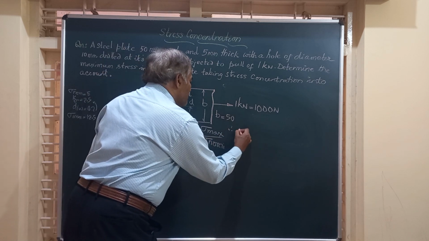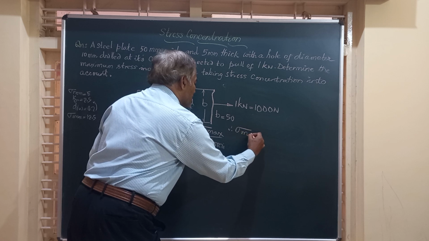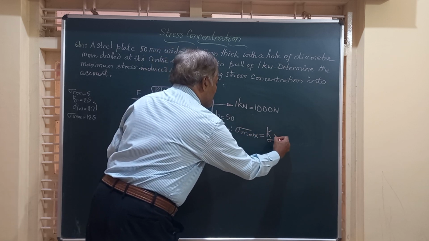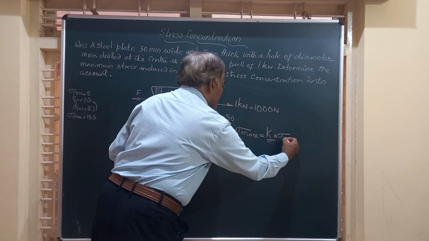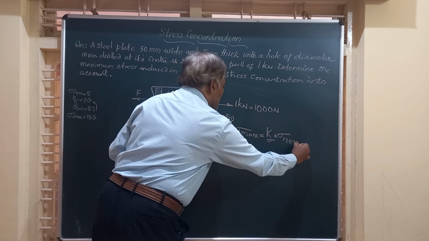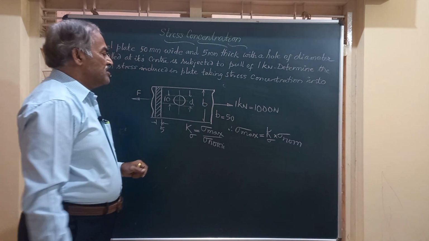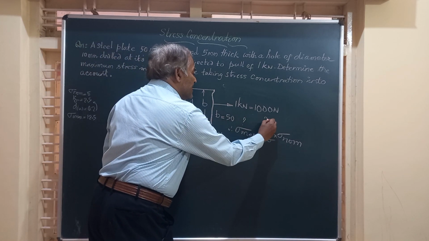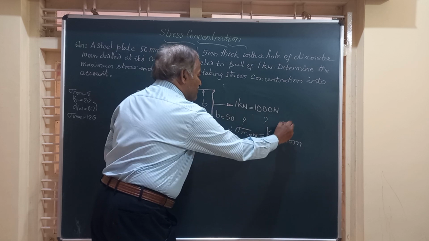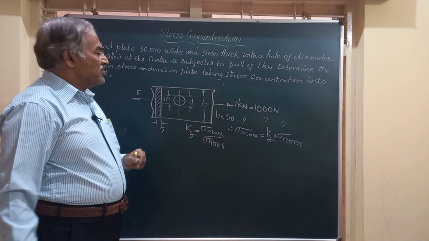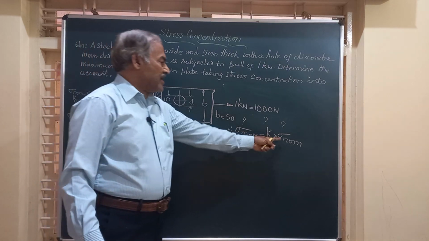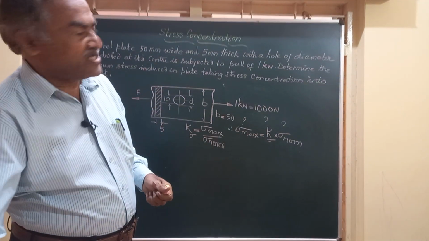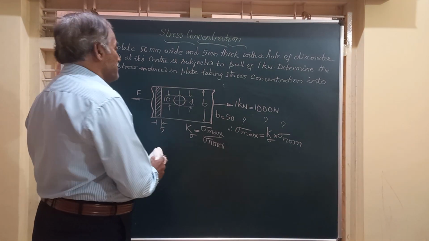Therefore, sigma maximum is equal to K sigma multiplied by sigma nominal. So friends, to find out this quantity, we need to have what is K sigma and what is sigma nominal. So we have to find out these two parameters to get the value of the maximum stress induced in the member.